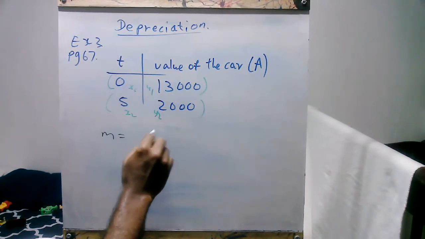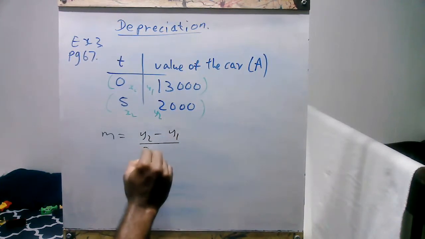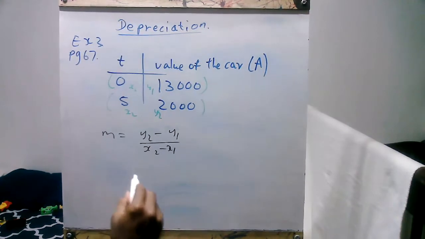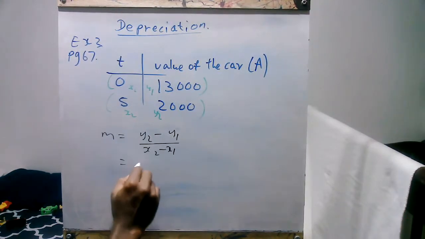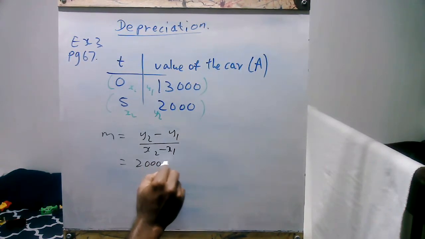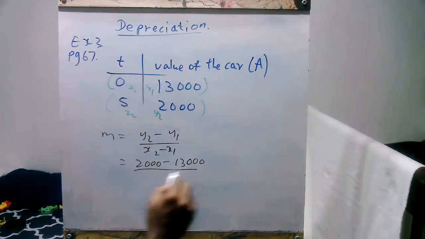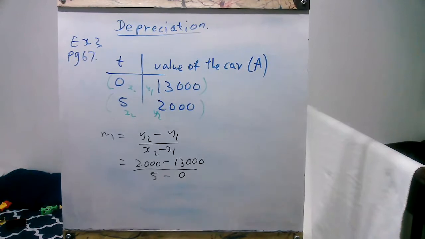Slope equation is y2 minus y1 divided by x2 minus x1, 2,000 minus 13,000 divided by 5 minus 0.